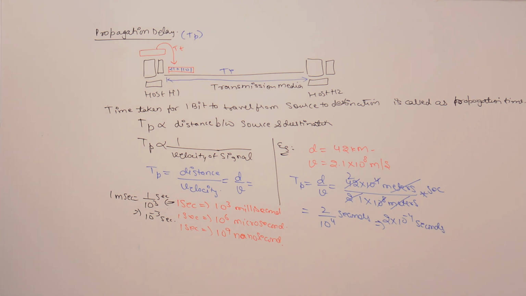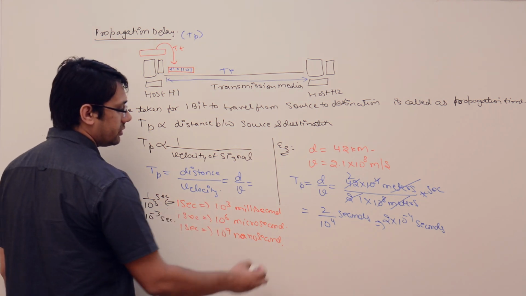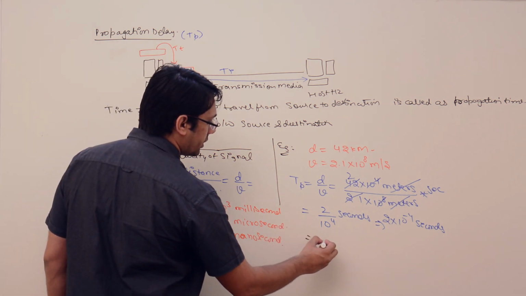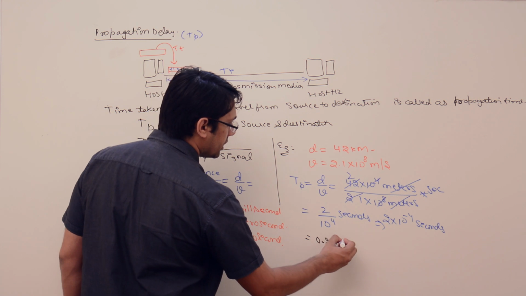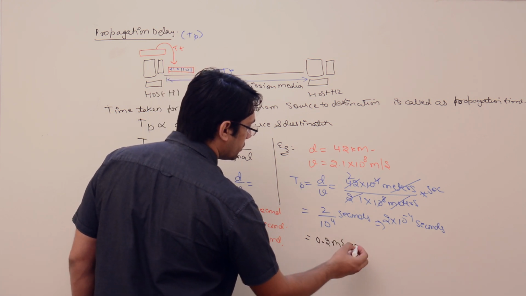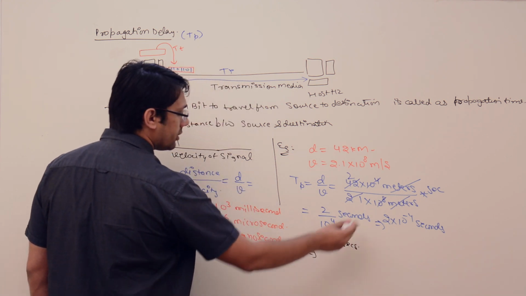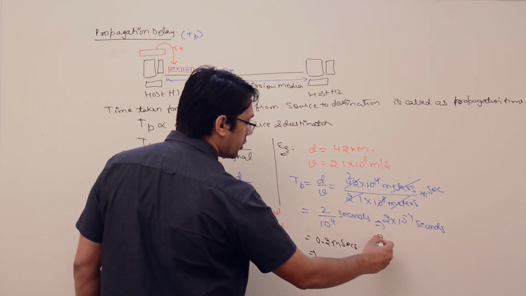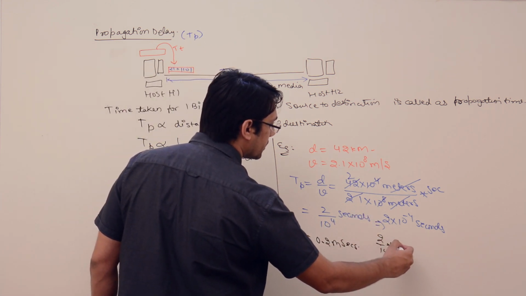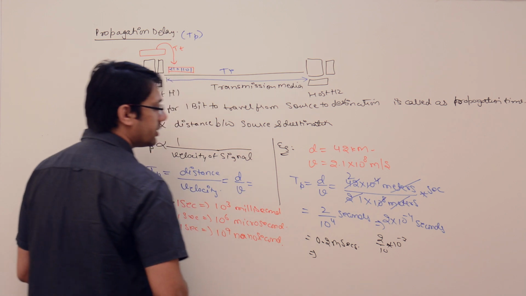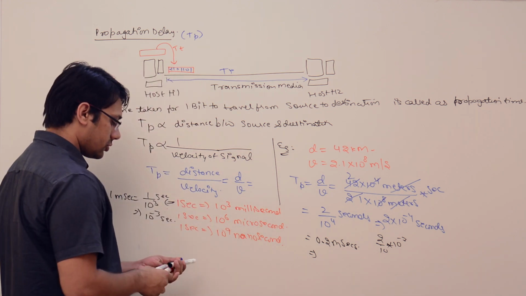So you can call it 0.2 milliseconds, because it is 2 upon 10 into 10 raised to power minus 3, which is equal to 0.2 milliseconds.